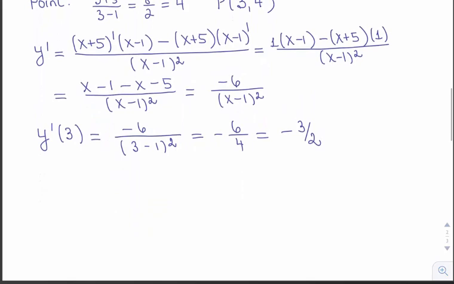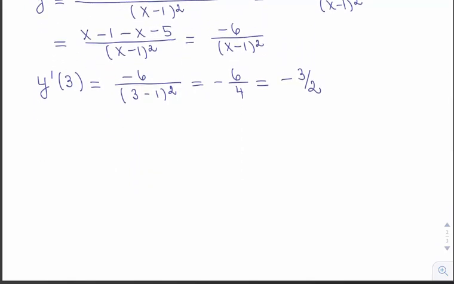Now I'm going to put it all together. What is my equation of the line? So it's y minus what? What's my point? The point was (3, 4). So y minus 4 is equal to the slope times (x minus 3). And what do we get?